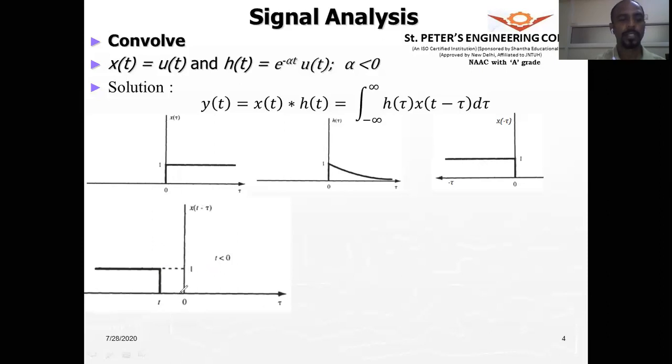If it is less than 0, maybe it is minus 0.01 or minus 0.02 or minus 100, whatever value you take, there is no overlap between x of t minus tau and h of tau. Why? Because we need the product of these two signals for integration. So h of tau exists from 0 onwards, whereas x of t minus tau exists from minus infinity up to t.